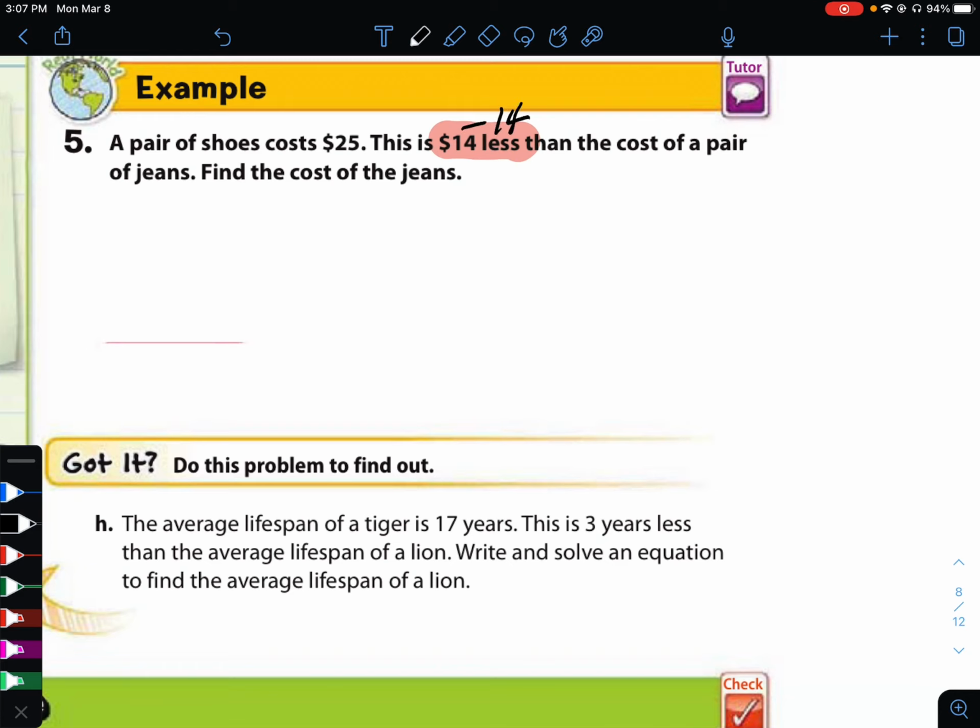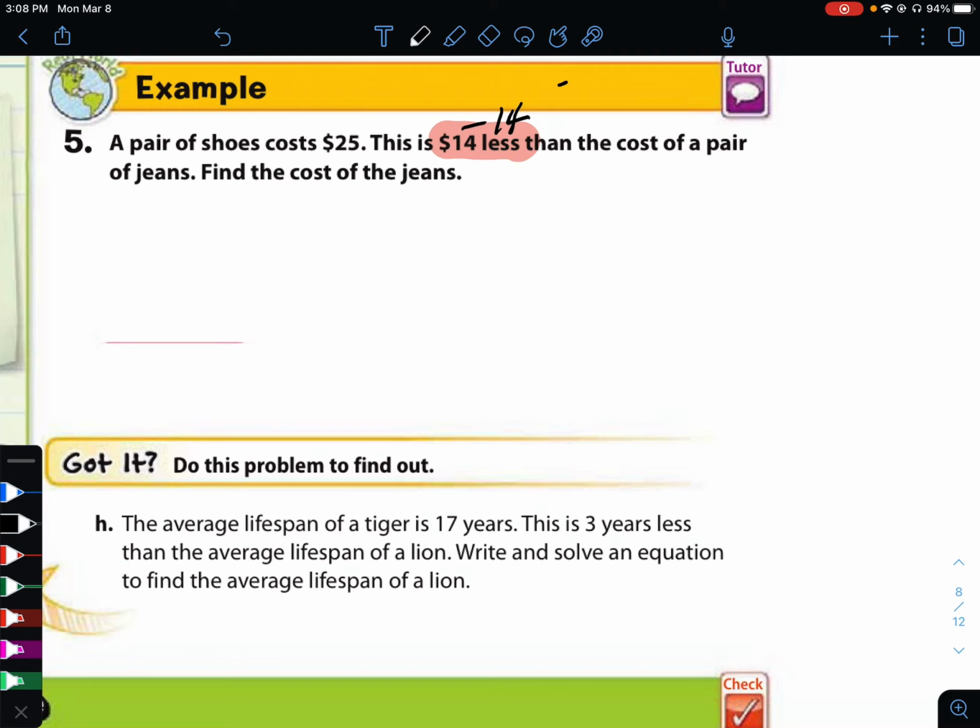Just like if your brother is 3 years less than your age, what is the age of your brother? So you're subtracting 3 there in my sentence. In this case, it's the same case. This $14 less, it's minus 14, and it is not 14 minus.